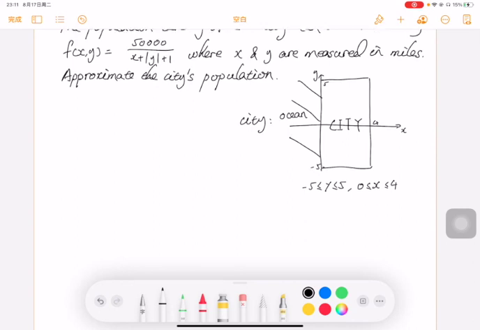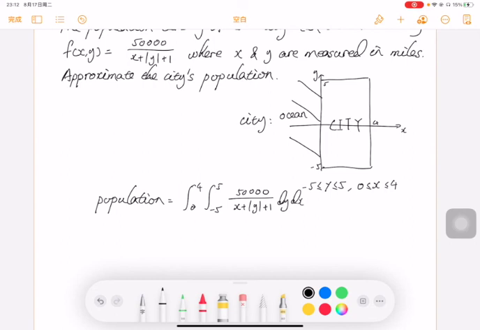Therefore, population equals the integral from 0 to 4 and minus 5 to 5 of 50,000 divided by x plus the absolute value of y plus 1, dy dx.